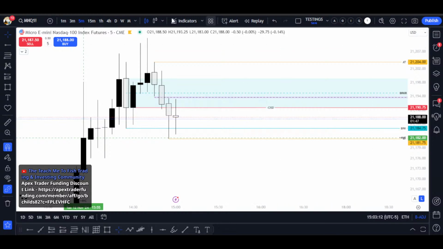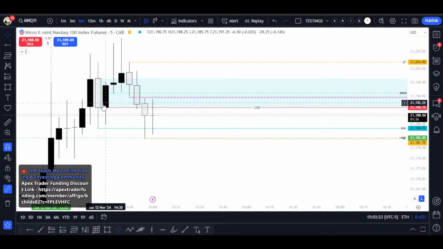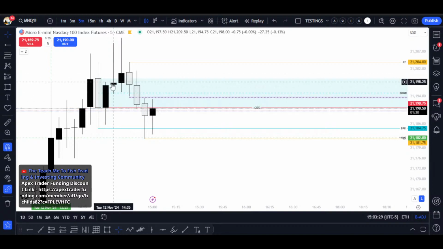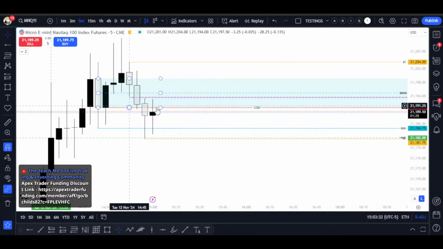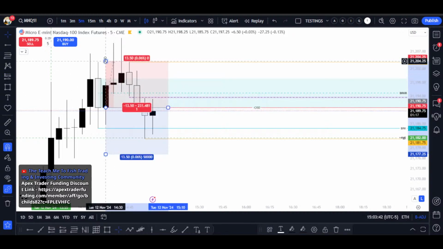I have seen some guys just do the body close, but this is also a change in state of delivery entry. So we had a change in state of delivery at the closure of this up close candle with this series of up close candles, and you got your retest. So technically, if you wanted to, you can take a sell here.